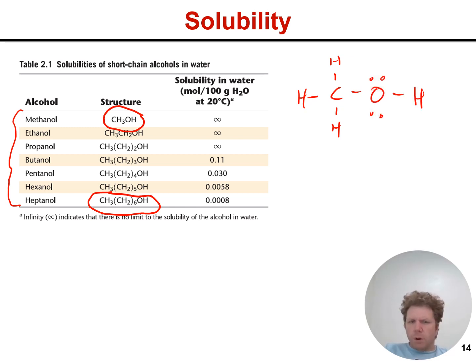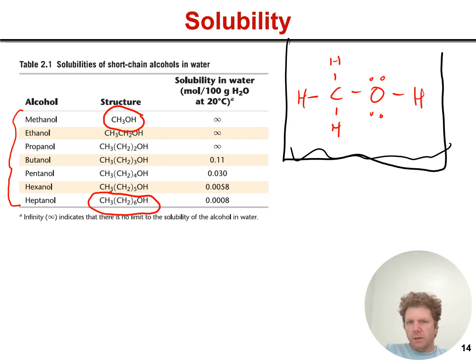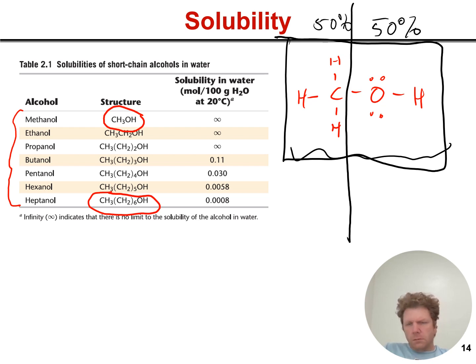The way that I always look at methanol in particular is I say, okay, well, almost 50% of it is hydroxide, goes into water well, and then the other 50% is hydrocarbon, doesn't go in water particularly well.